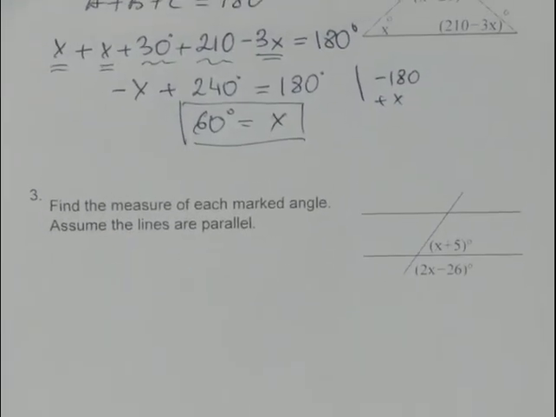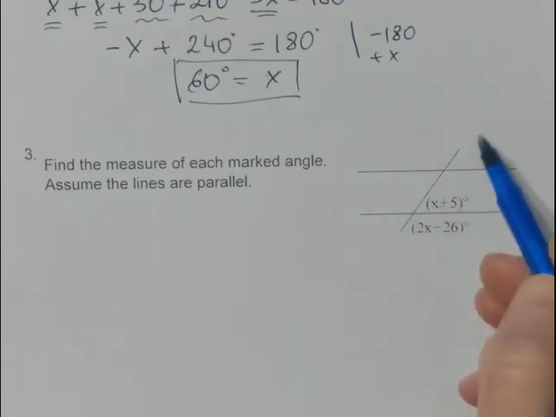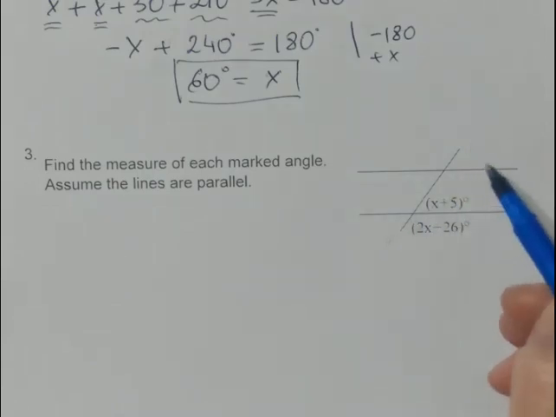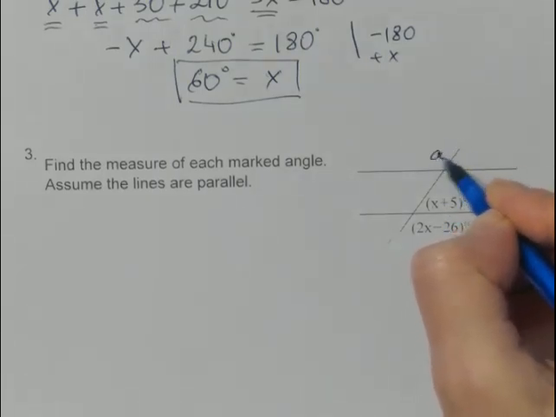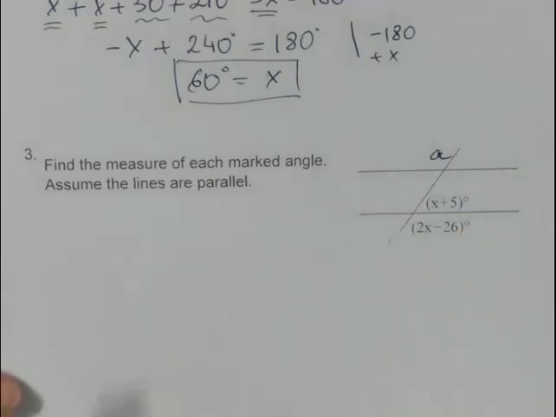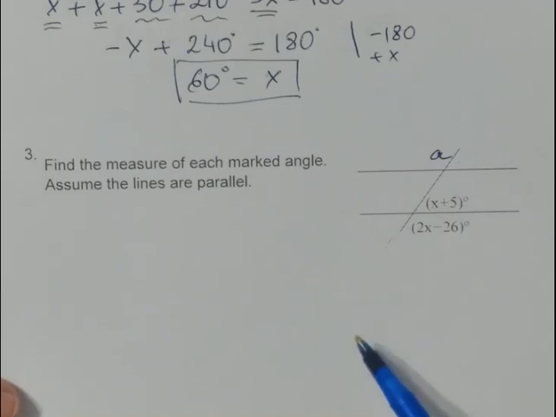Another variation of the problem with x: find the measure of each marked angle. The lines are parallel. Let us find the measure of angle A. We have here two supplementary angles.